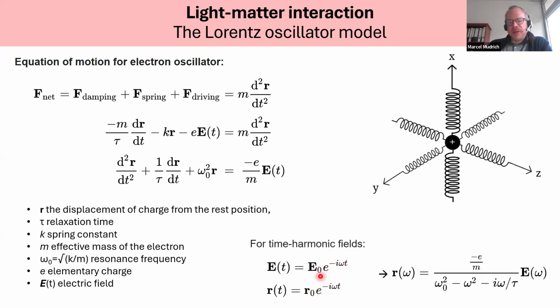We make the same ansatz for the radius, so the elongation of the oscillator, and the external driving electric field. So if we substitute these two terms into the equation for E and R, take the derivatives, then we end up with this term here. So the elongation R has some complex prefactor that depends on both the eigenfrequency of the oscillator and the frequency of the driving electric field, times the amplitude of the electric field.